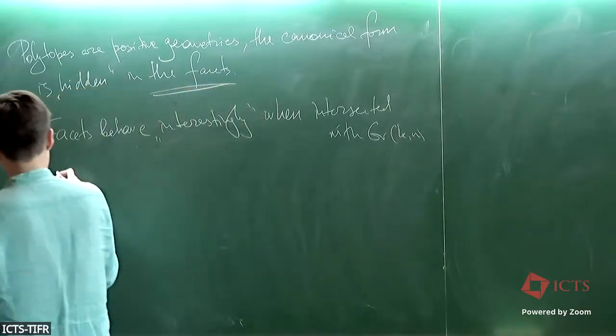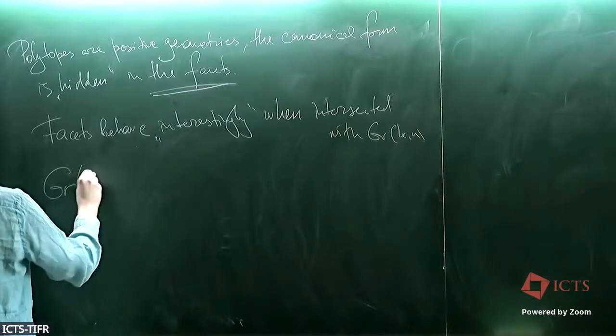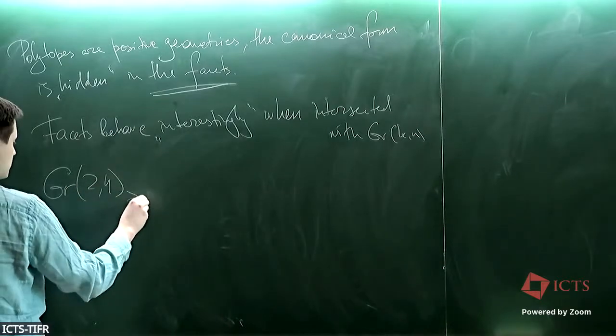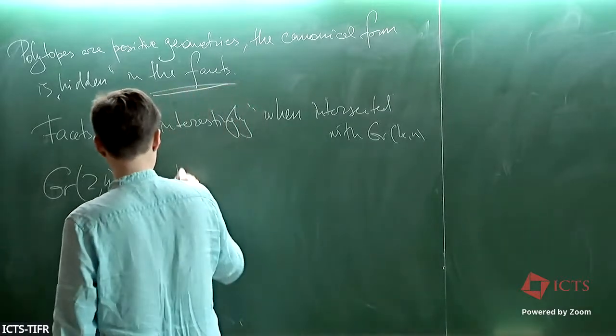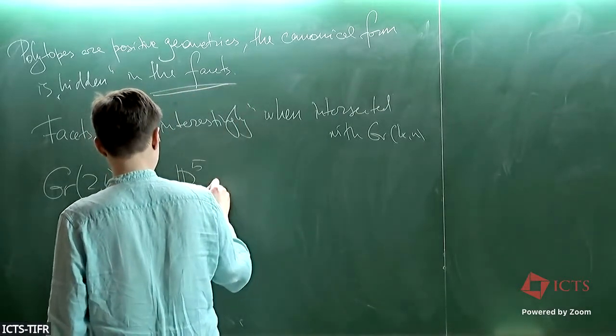And now I will just work out the example of GR24, of its non-negative part. So the non-negative Grassmannian GR24 is the intersection of the simplex with the Grassmannian.